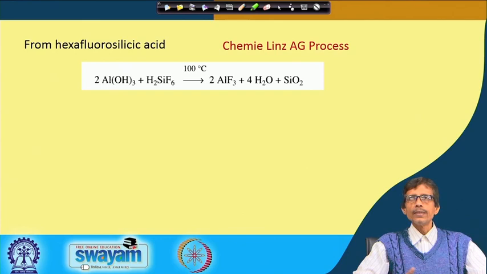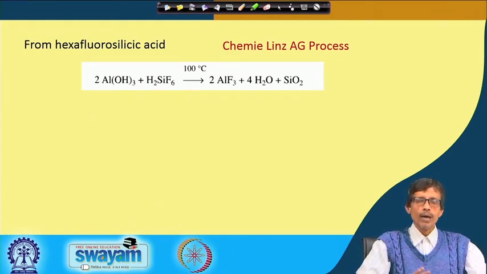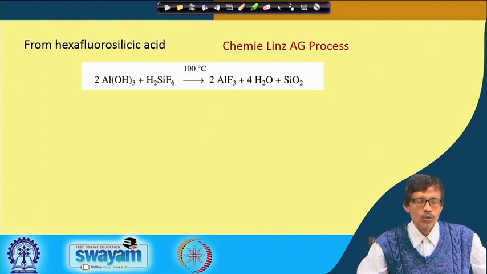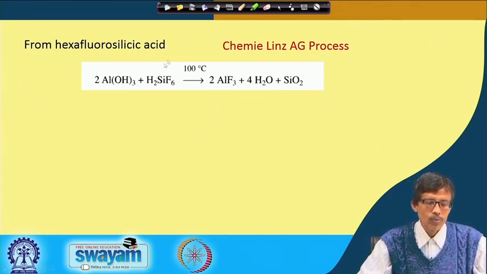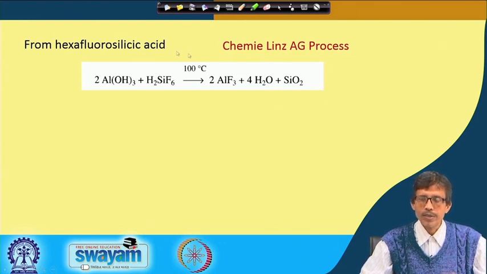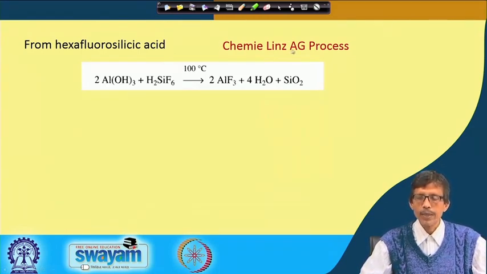As we have seen, we can very easily make hexafluorosilicic acid. So, this hexafluorosilicic acid is your material to attack the hydrated aluminum, that means just Al(OH)3, not Al2O3. Since this is also an acid form, you get aluminum fluoride along with the production of silicon dioxide at a very low temperature. This is the Chemie Linz AG process, the name of a German company. So, that company is producing it through this particular process.